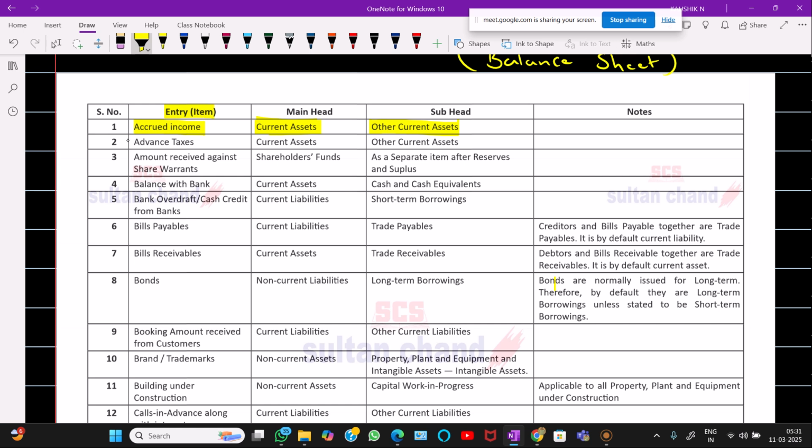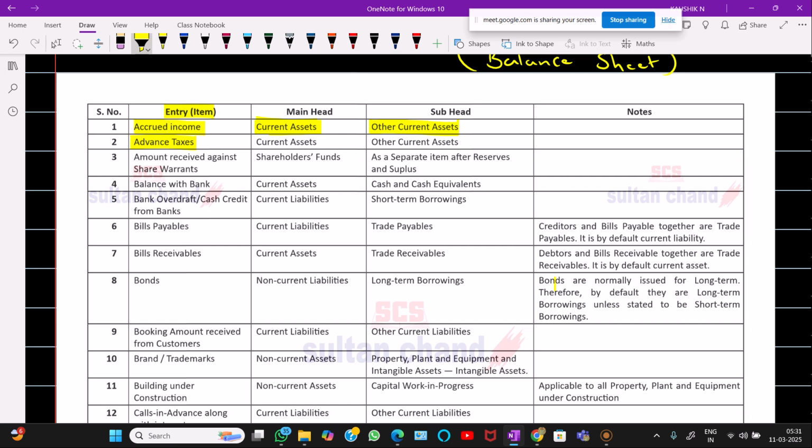Okay, now the second item, advance taxes. Look here, it was not mentioned as income received in advance, it is mentioned as advance taxes. The tax we usually pay to the government is a liability.